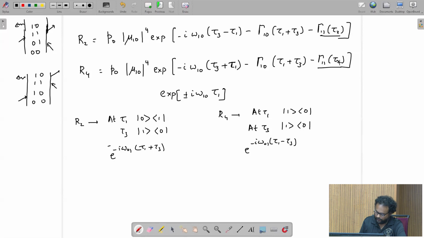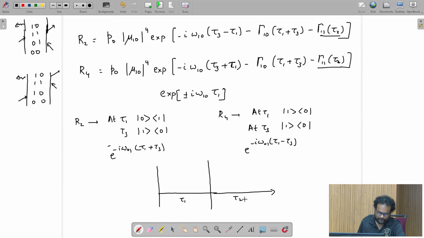Now, what I can do is plot the total phase acquired in time for both these diagrams. Let's say tau 2 is close to 0, I'm not propagating tau 2.